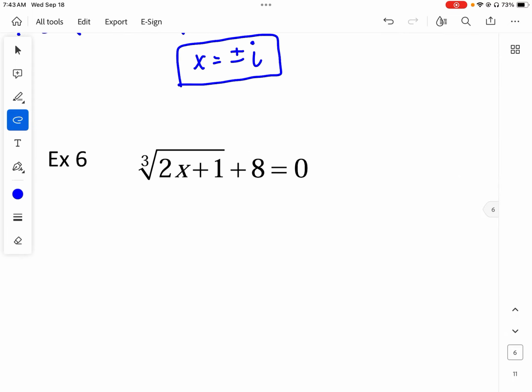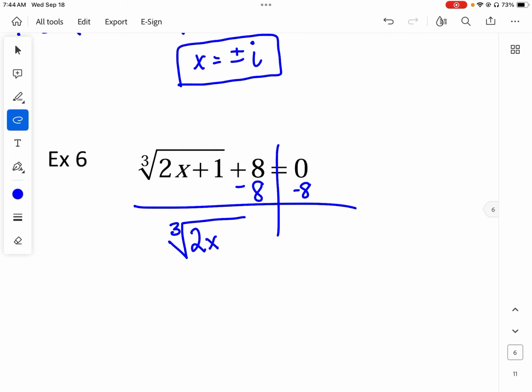Okay, so similar to the last one, I need to get the radical by itself. So I'm going to start by moving that 8 over. Okay, so we have a cube root this time. So the opposite of cube root is cubing something. So we're going to cube both sides.